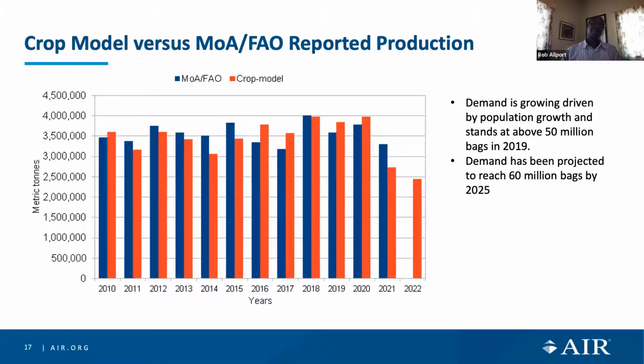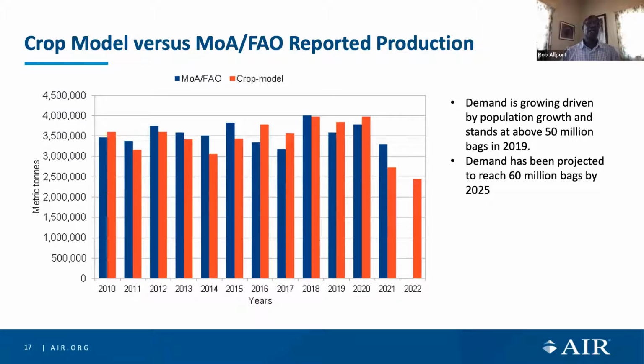And you can judge that the data that the crop model predicted is quite close to what the government reported. But you're also seeing a kind of decline.